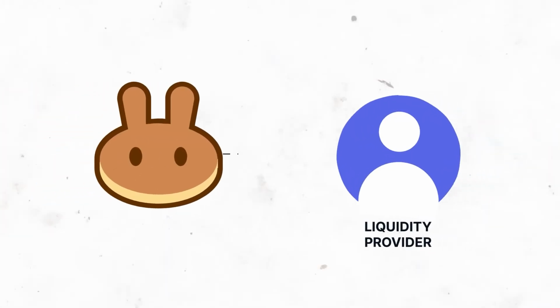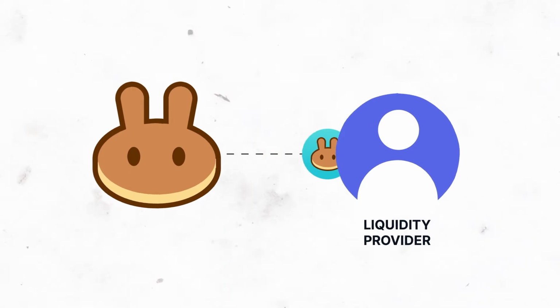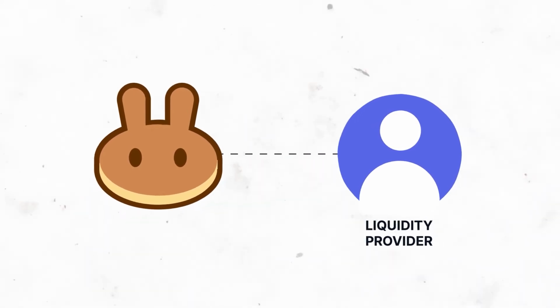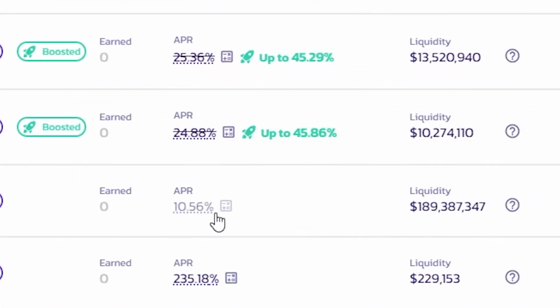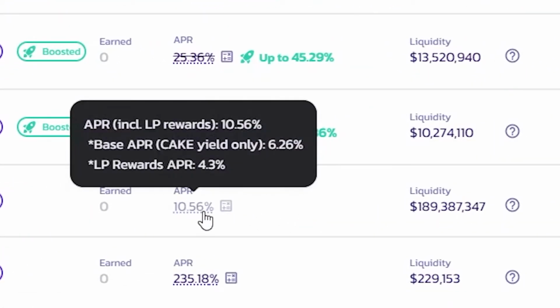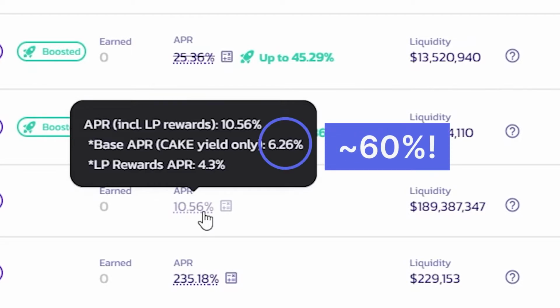To be more competitive, projects like these typically will reward their liquidity providers with their governance tokens such as Cake. So as you can see in the picture, the LP position of BNB BUSD on Pancakeswap is currently giving away 11% in APR, majority of which is paid in Cake tokens. So essentially, the liquidity providers are getting airdropped the Cake tokens.